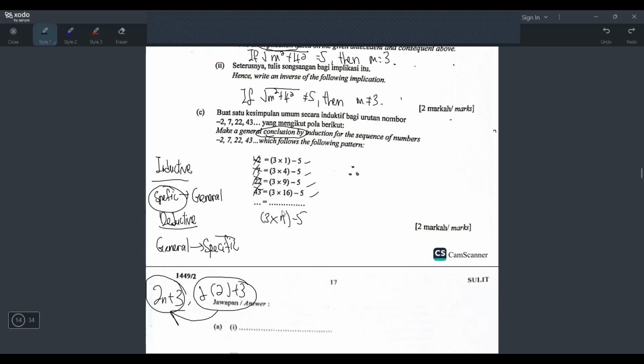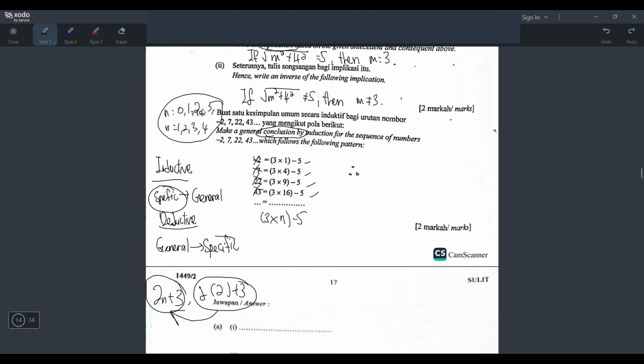But it's not correct. I want to mention one thing. Whenever we write the general formula, the one yang tak ada tukar, kita tak tukar. So 3, 3, 3, 3, saya pun 3. Darab, saya pun darab. -5, saya pun -5. But the 1, 4, 9, 16, it keeps changing. That's why I write n, right? But your n have to be 0, 1, 2, 3, ataupun 1, 2, 3, 4.